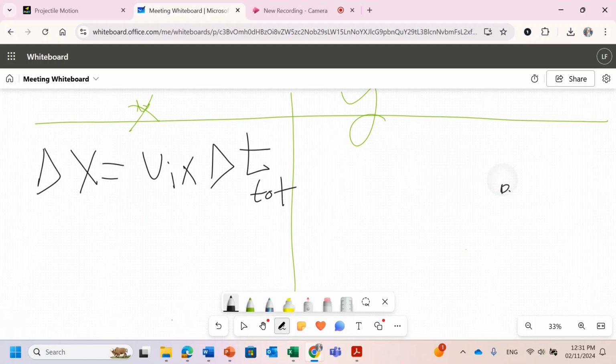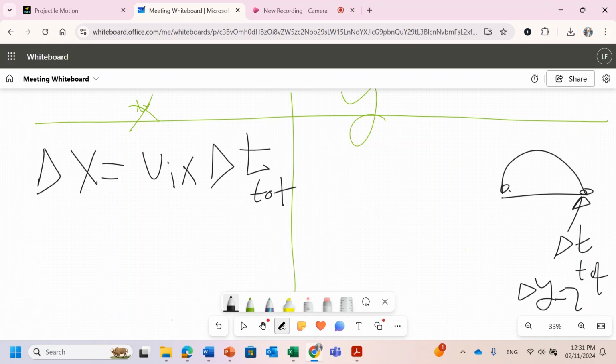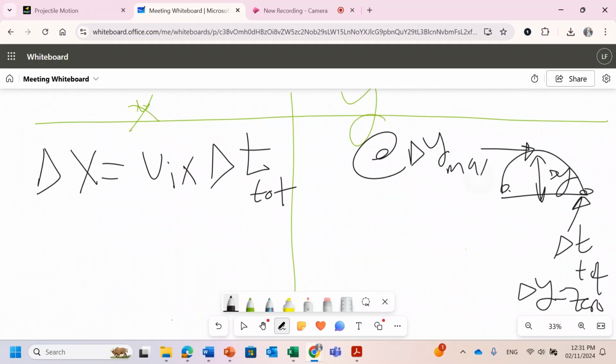When it lands, delta y is 0. And at maximum height, v in y direction always equals 0.